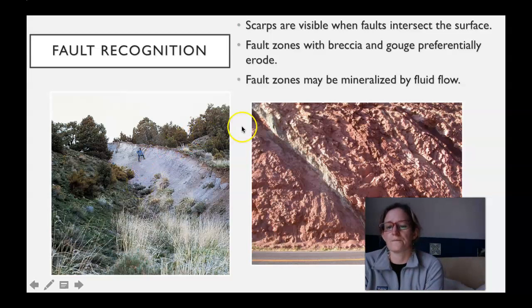And the same thing here. You would see this in an area where there's not a lot of vegetation, where minerals have been flowing along that fault surface and there's been some mineralization, kind of like a vein deposited along that surface. You would recognize those deposits.